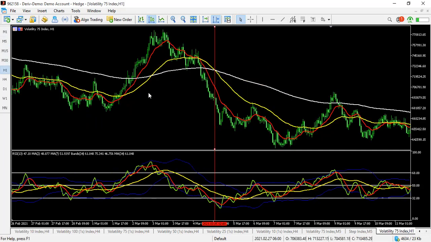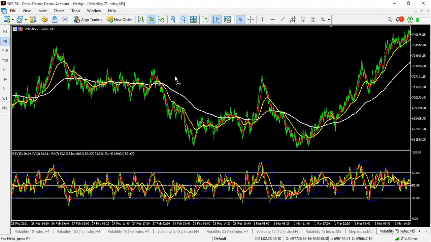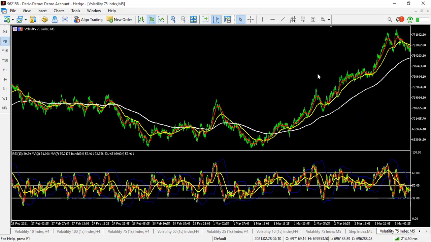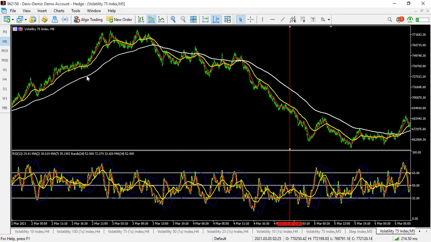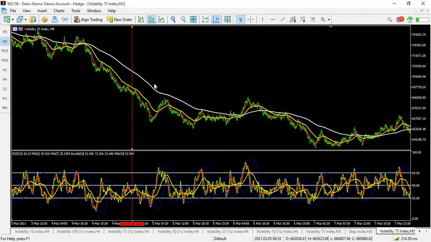On the 5 minutes time frame, this is the 5th of March. Once you've come to a lower time frame and confirmed your trend on a higher time frame, if the trend is a downtrend on the higher time frame, you're only looking for sell positions on the lower time frame.